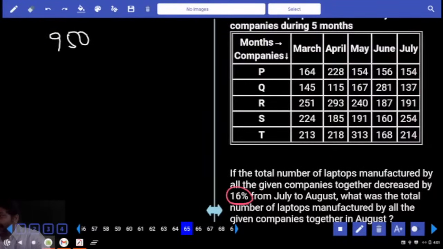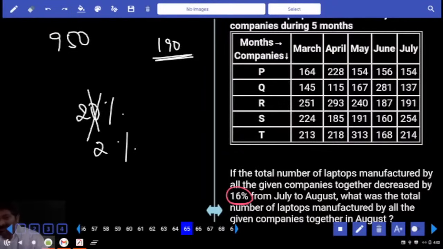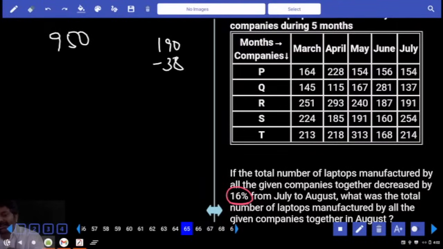16%. 20% minus 4%. 10% is 95. 20% is 190. Okay. But we need to get 16, so we need to remove another 4%. If this is equal to 20%, then what is 2%? 19. 4% is 38. Subtract 38 from this. 152.